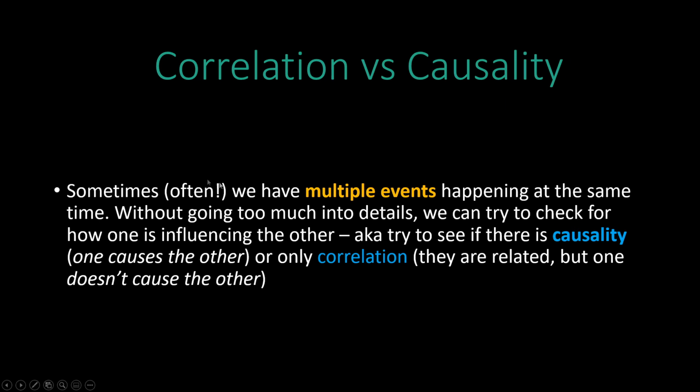And so often we have multiple events happening at the same time in nature, and we want to figure out if there is a causality, if one is causing the other one, or only correlation, and how strong that correlation is. So they are related, but it doesn't mean that one would be causing the other one.